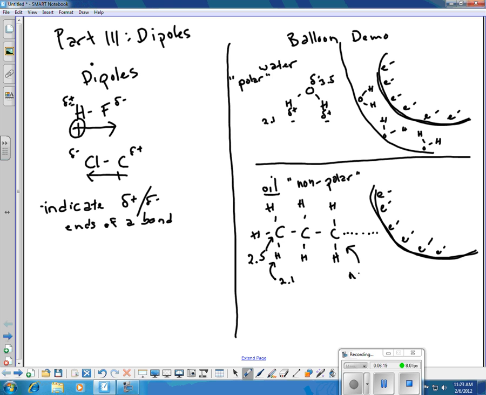It has no partial charges. So it doesn't matter how much static we put into our balloon. No partial charges means that there's no attraction and oil is nonpolar. So that explains, again, why the water bent towards the balloon and why the oil did not. Okay, once you have this part, that is the end of that, and you are good to go.